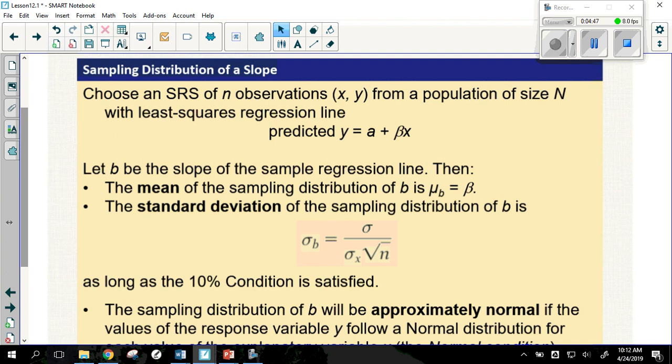It's the true slope of our least squares regression line. So beta is a parameter. And we use the slope b, this little b, to estimate the parameter beta.